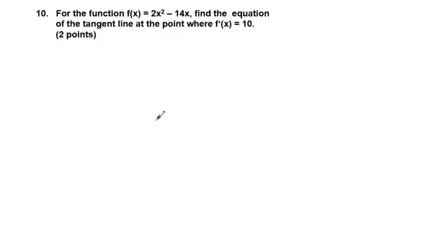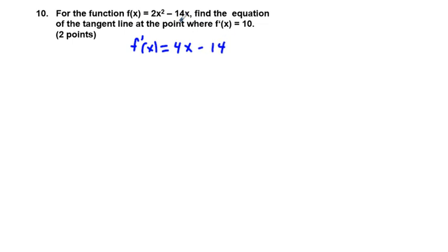For the function f of x equals 2x squared minus 14x, find the equation of the tangent line at the point where f prime of x equals 10. First we find f prime of x, which is 4x, since 2 times 2 is 4, x to the 2 minus 1, minus 14.